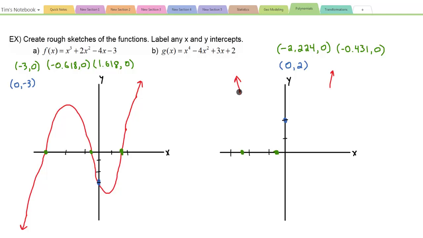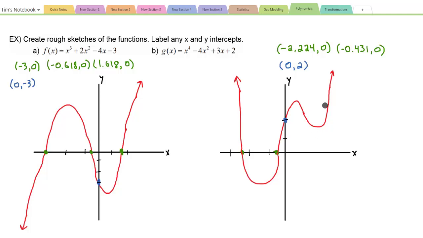So I'm going to go downwards through my first x-intercept, and then it's got to come back up to get through this x-intercept, and then it's going to cross over my y-axis right here. Now it's going to come back down. It's going to make a relative maximum right there, but there's no other zeros over here, right? So what happened is it went down and then it just kind of made a turn. It's like, I'm going back up here by the arrow. And there's a relative minimum right here.